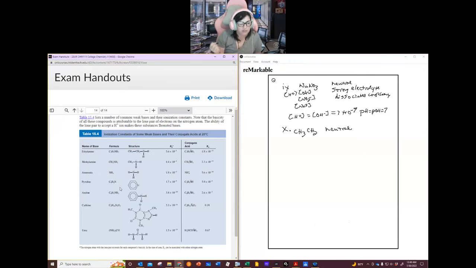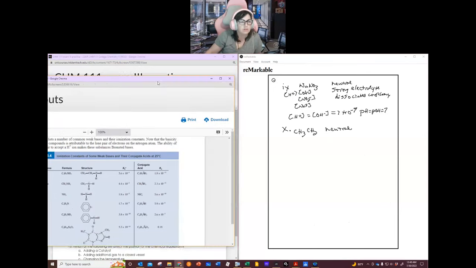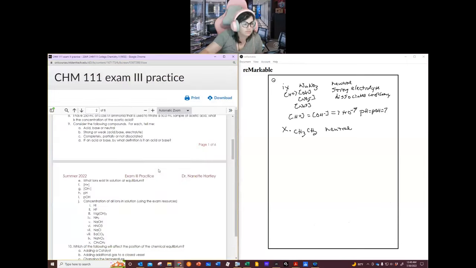Looking at it, I have no reason to believe that this is going to dissolve. There are no ions present. So this is not going to dissolve, so it's not dissociated. It is not an acid, it is not a base. I am not going to get a concentration from CH3 or CH2.